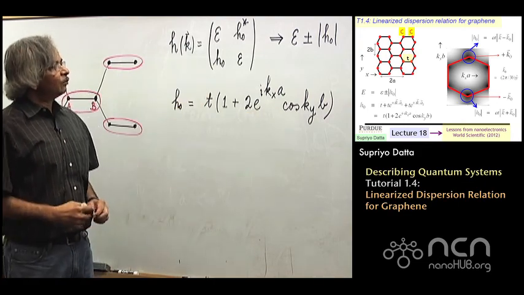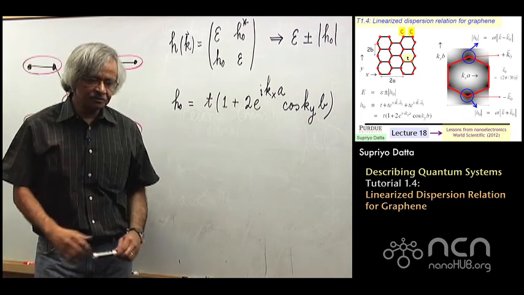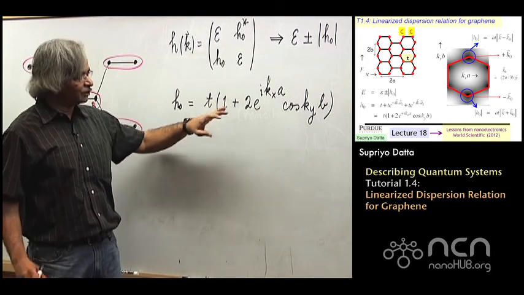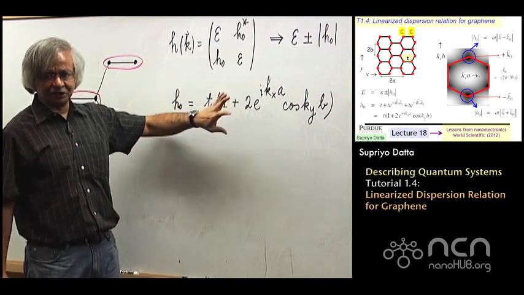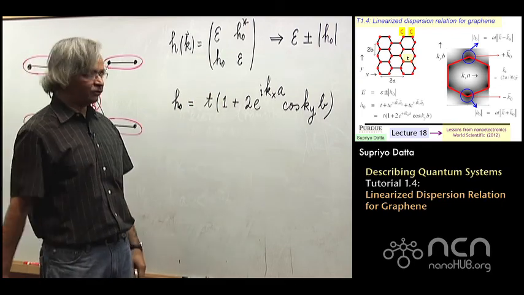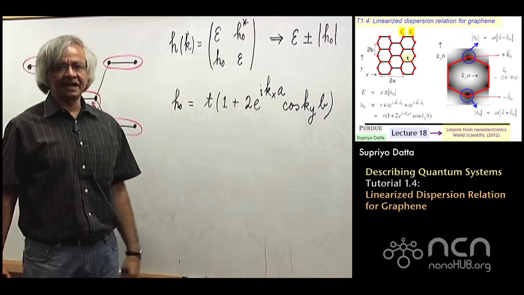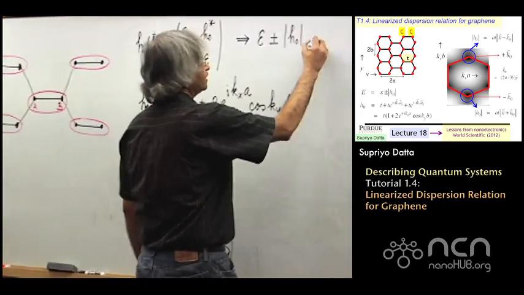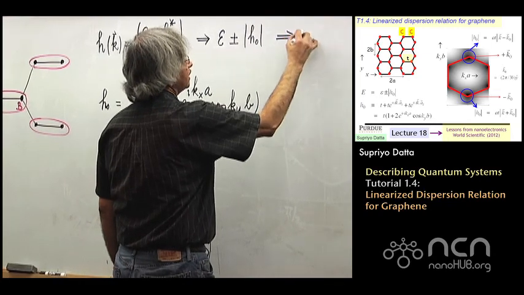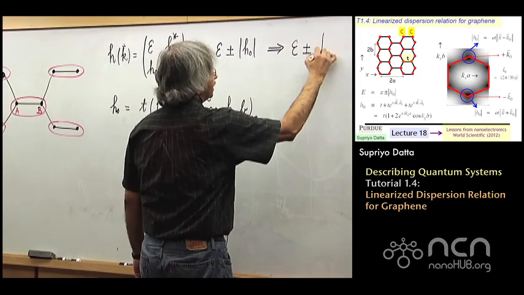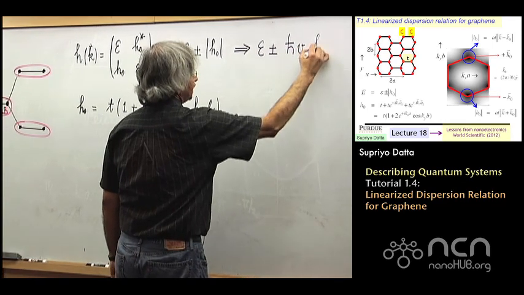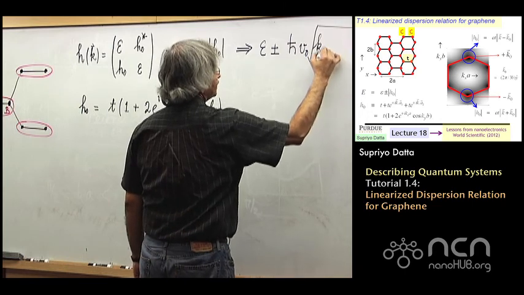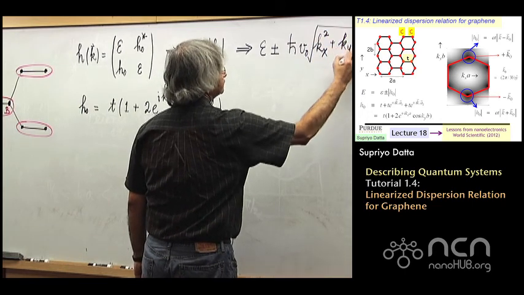And what this homework problem asks you to do is to linearize this about the chemical potential around specific energies, and I'll go over this, to obtain the standard result that you often see for graphene, which is that usually the result you will see is epsilon plus minus H bar V0 times K. And K being the magnitude of K, which is square root of Kx square plus Ky square.